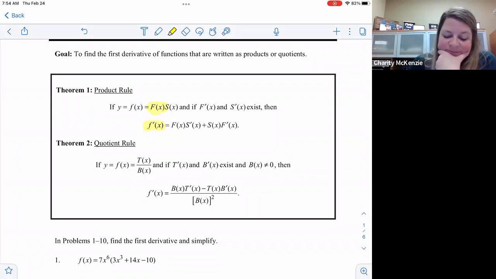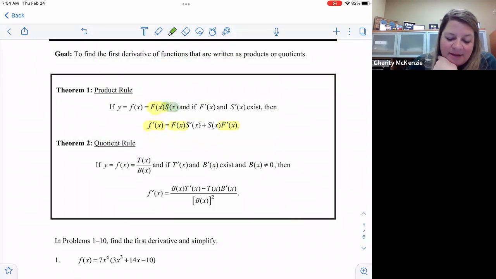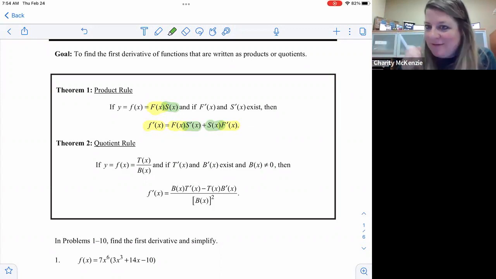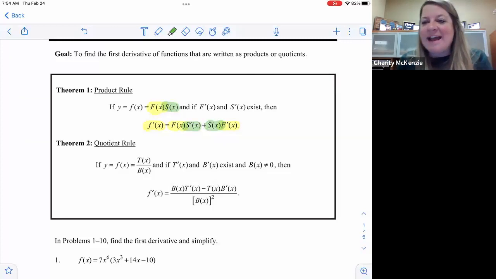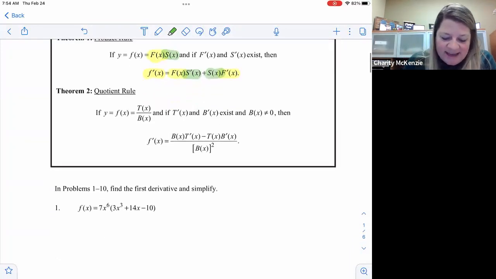Then we have the original first and the derivative of the second, and then the original second times the derivative of the first. So you have original, derivative, and you add them. Basically it'll be first times the derivative of the second plus the second times the derivative of the first.